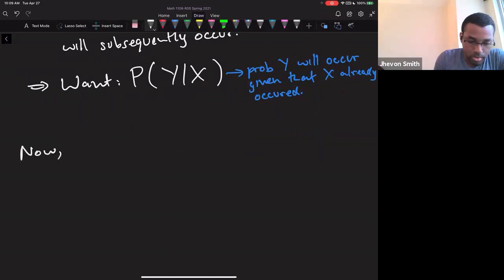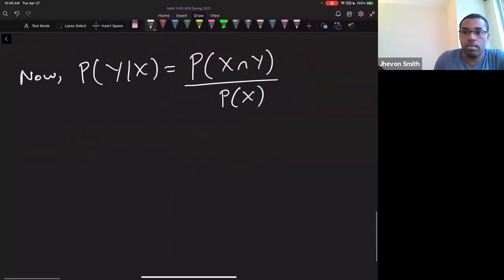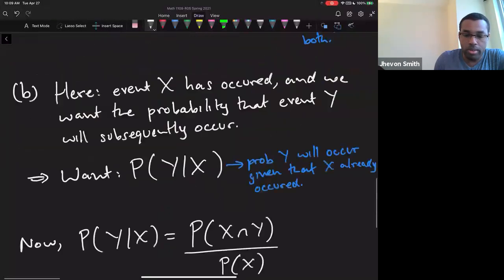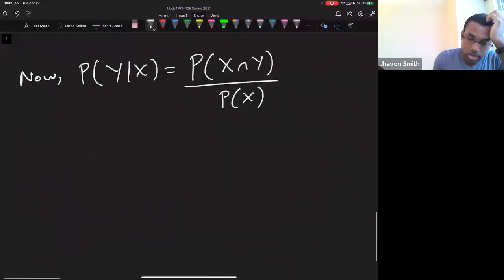Now, we took a lot of time to get through that, so let me just go quickly through the rest. We remember the formula for this, hopefully. This is the "and" divided by the probability of that. We know the "and," we found that already, so I wouldn't have asked to find it again. So this is 0.015.